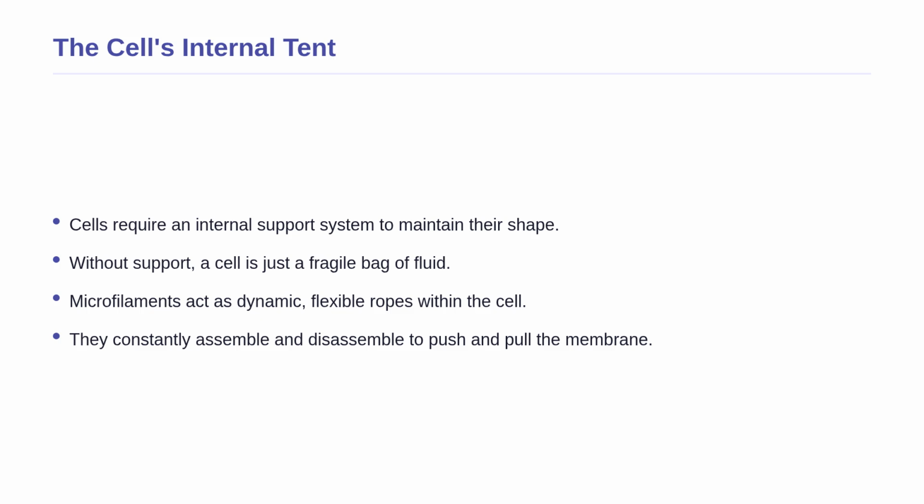Microfilaments act exactly like the dynamic, flexible ropes of this cellular tent. But unlike a normal tent, these ropes are constantly being assembled and disassembled. This incredible flexibility allows the cell to change its shape, crawl across surfaces, and grab onto things in its environment.